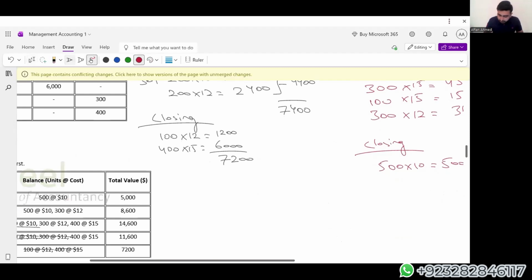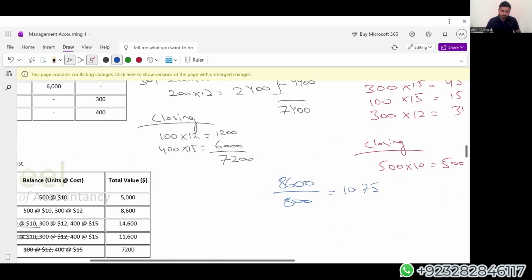Now I'm going to use another ink so that it's clear to you guys what we are doing. 8,600 is the total cost, and we have 800 units out of them. So let's see what the cost per unit is. The average cost will be 8,600 divided by 800 units. That is 10.75.